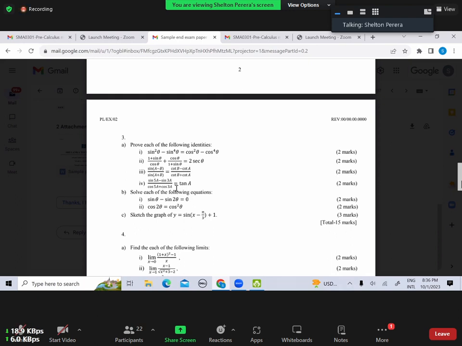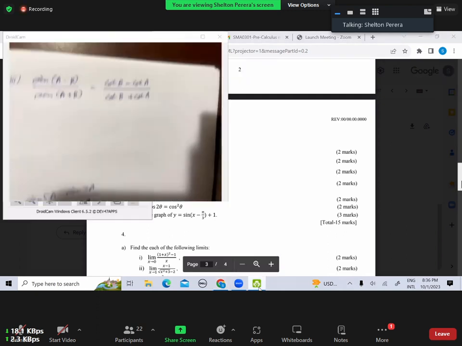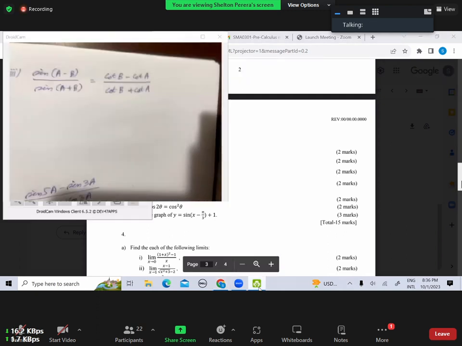Both parts are from the trig identities formulas.